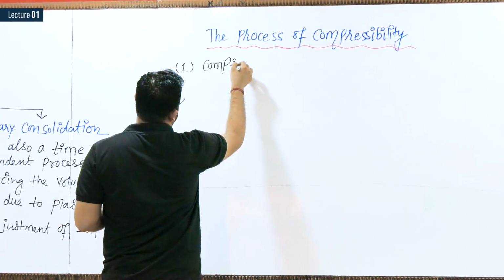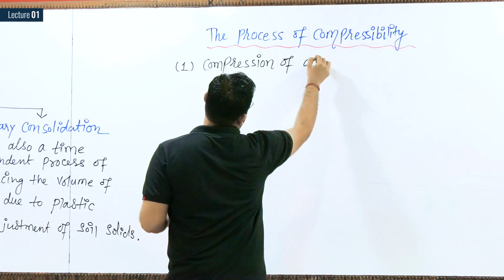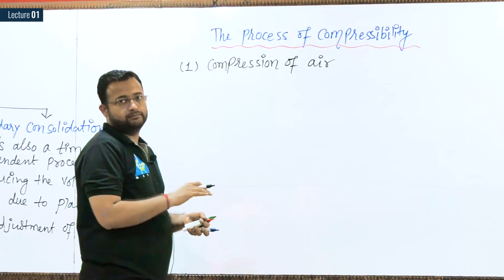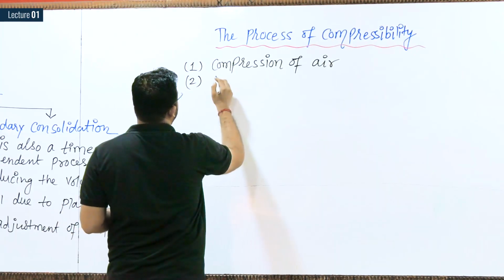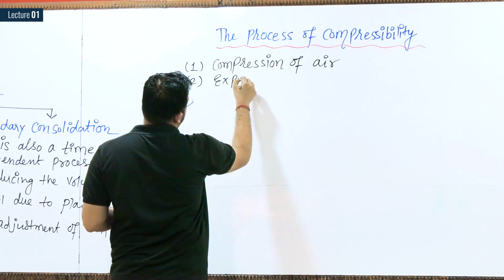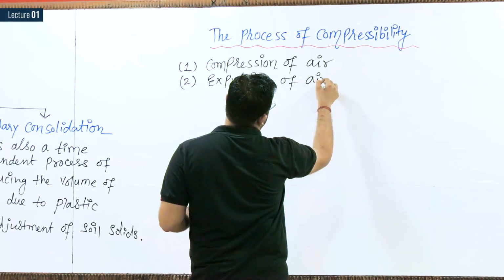Compression of air will happen. Air will be compressed, air will be removed. When air is removed, the process we call expulsion of air. Expulsion of air means air is removed.